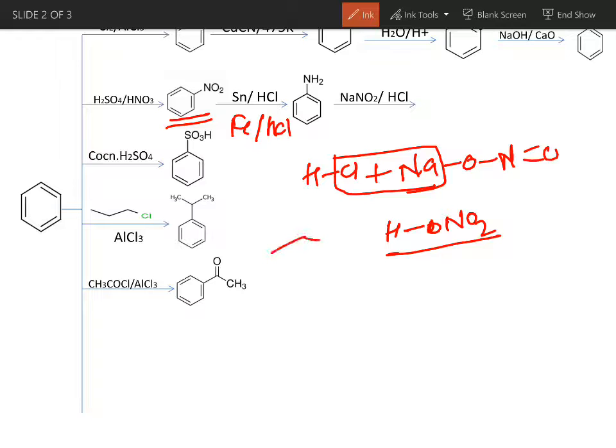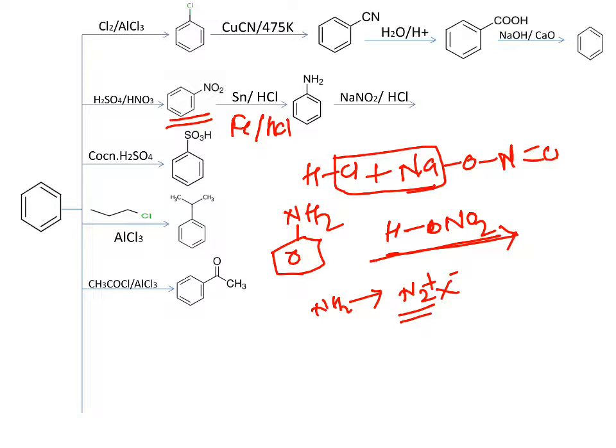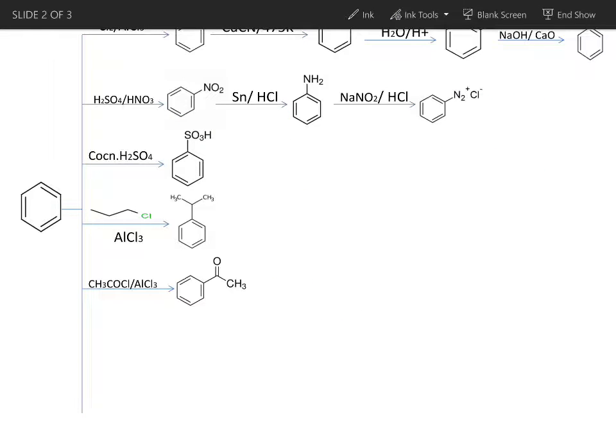When aniline, a primary amine, is reacted with nitrous acid, it will get converted into a diazonium salt. So here, when aniline reacts with a mixture of NaNO2 and HCl, it forms HNO2 and forms a compound known as benzene diazonium chloride. Benzene diazonium chloride is an important intermediate for many reactions.